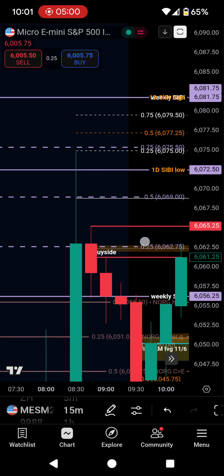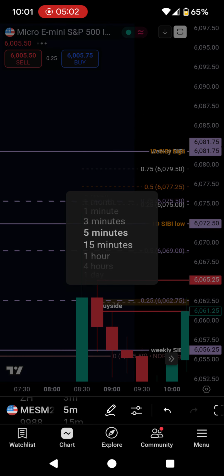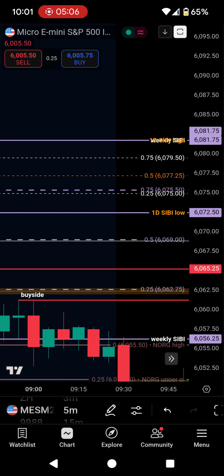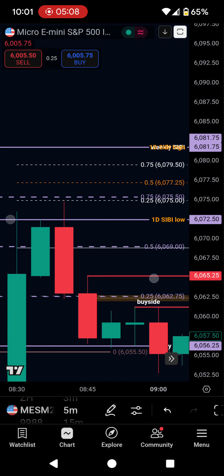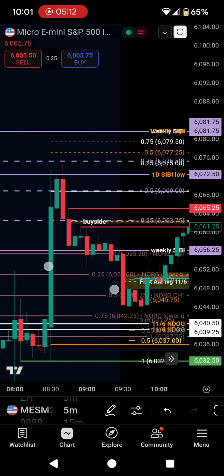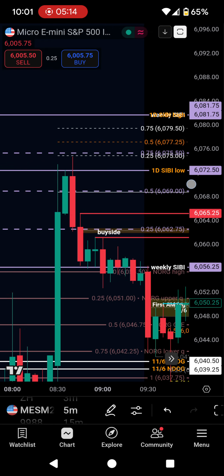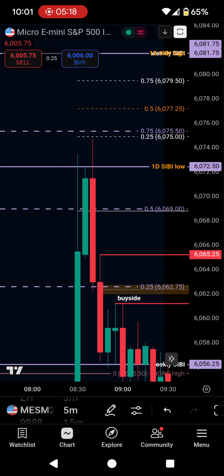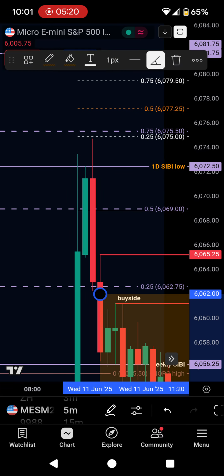Then when I was on the 3-minute chart, I think I forgot. Never mind, the 5-minute chart is fine also, but on the 5-minute chart you can't really see the CB right here. Yeah, you can actually see it. Okay, this CB.